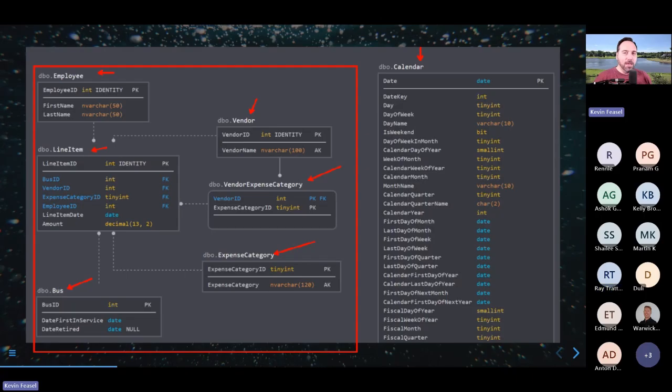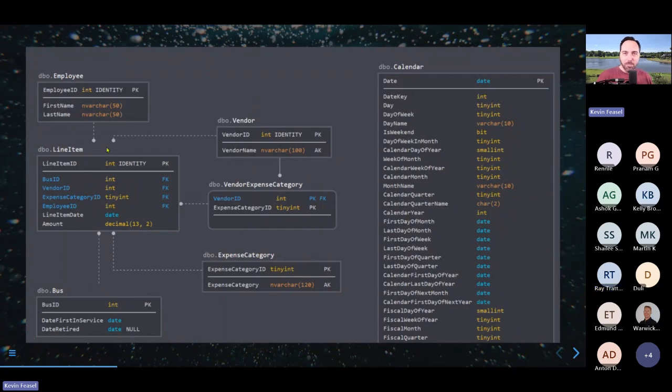So a line item is when we have a repair or some operation that occurs, we track it in here. So this line item is something that happens to repair or otherwise maintain a bus, given a vendor, given an expense category, and we have at least one employee signing off on that particular expense. So that's the main idea behind what we're going at for the data structure.